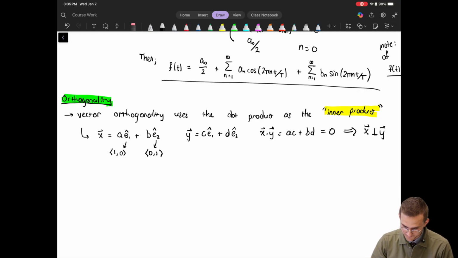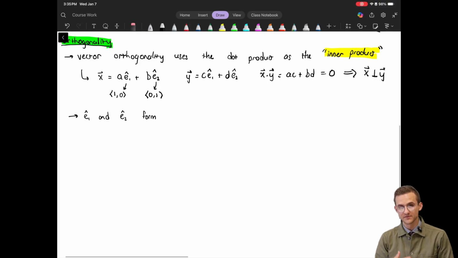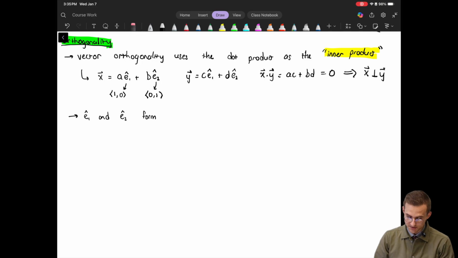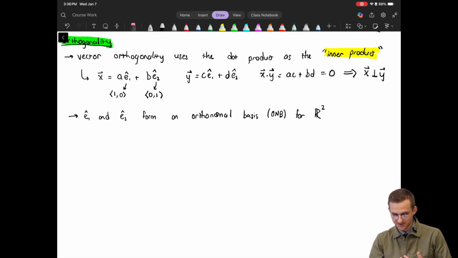They're orthogonal. So in vector land, e1 and e2 form what's called, and this might be familiar for those of you who recently took a linear algebra course, an orthonormal basis, which I will often abbreviate ONB, for a space called R2, which, like I said, is just the space of two-dimensional vectors with real coefficients.